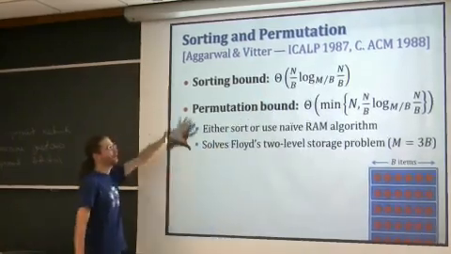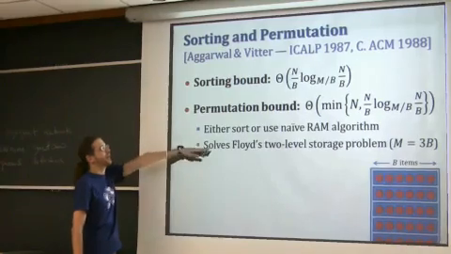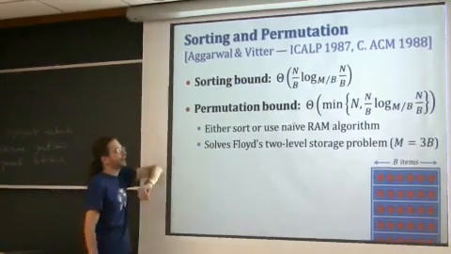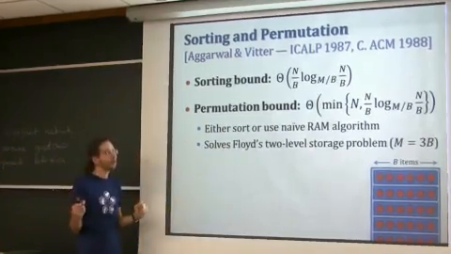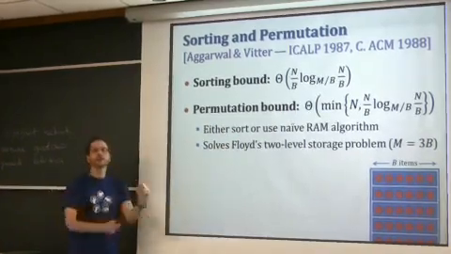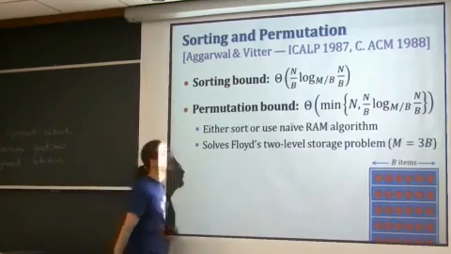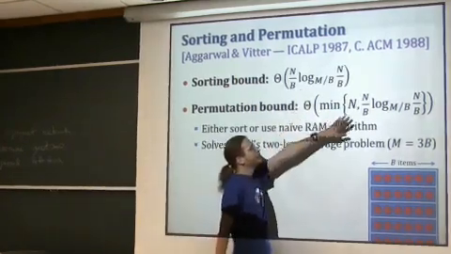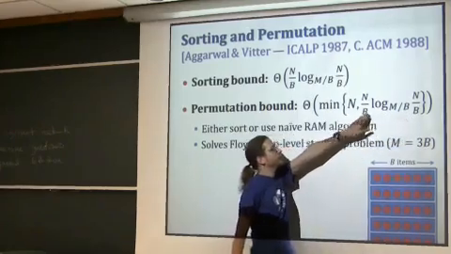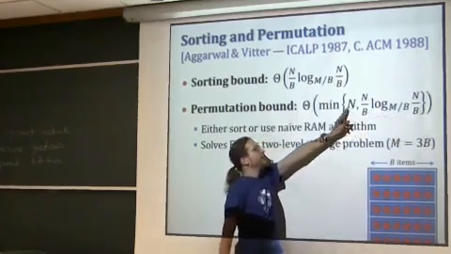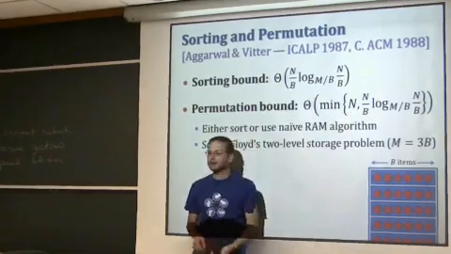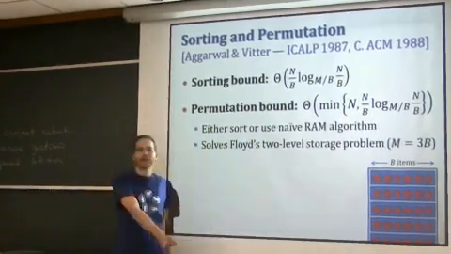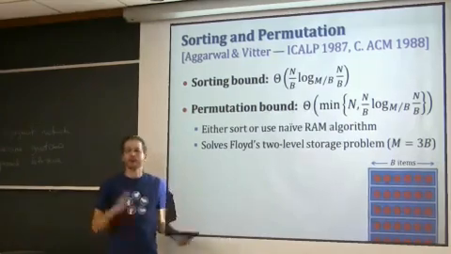To go back to the problem I was talking about with Floyd's model, the permutation problem: I know the permutation, I know where things are supposed to go, I just need to move them there physically. Then it's slightly better. You have the sorting bound, which is essentially what we had before. But in some cases, just doing the naive thing is better. Sometimes it's better to just take every item and stick it where it belongs in completely random access.